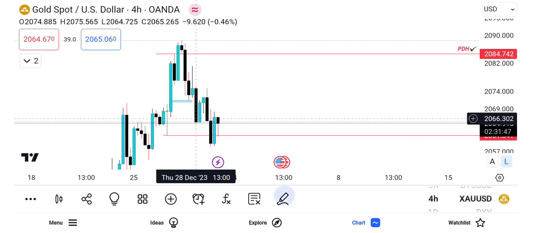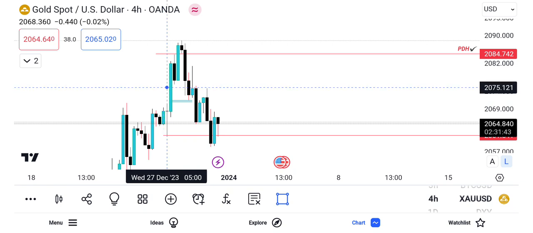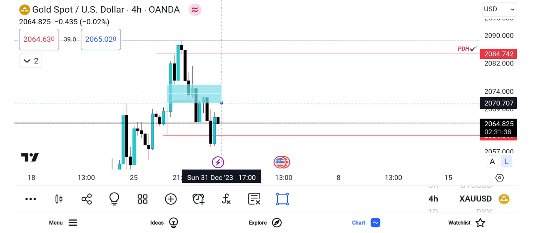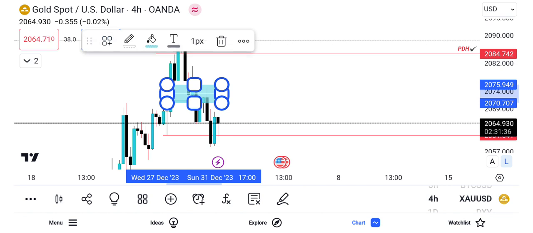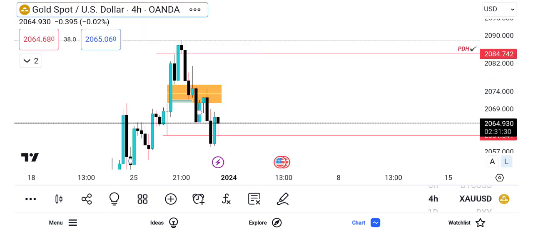So let me draw it so that we have a clear picture, using my colors for that fair value gap.